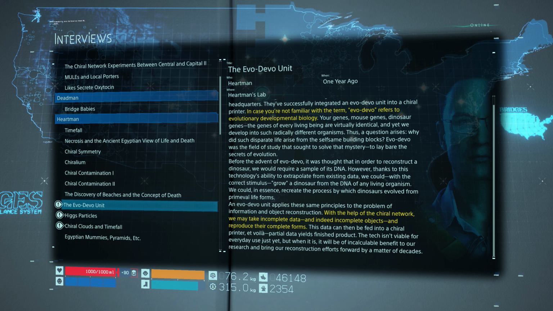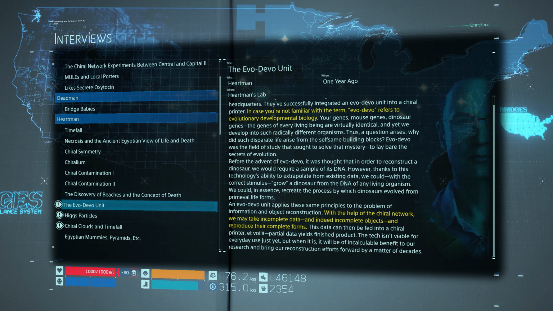It was thought that in order to reconstruct a dinosaur, we would require samples of its DNA. However, thanks to this technology's ability to extrapolate from existing data, we could, with the correct stimulus, grow a dinosaur from the DNA of any living organism. We could, in essence, recreate the process by which dinosaurs evolved from primeval life forms. An Evo Devo unit applies these same principles to the problem of information and object reconstruction.